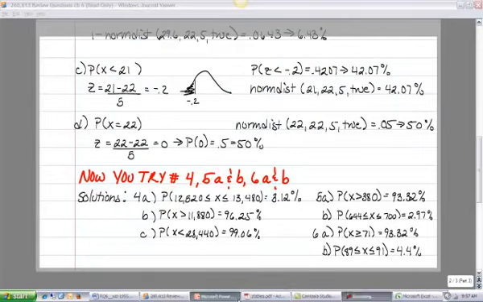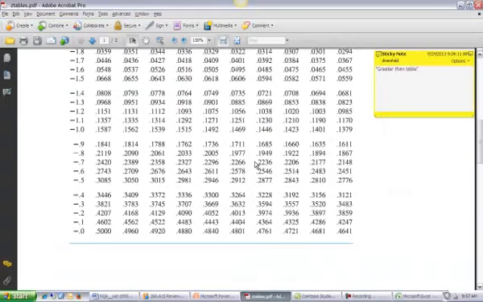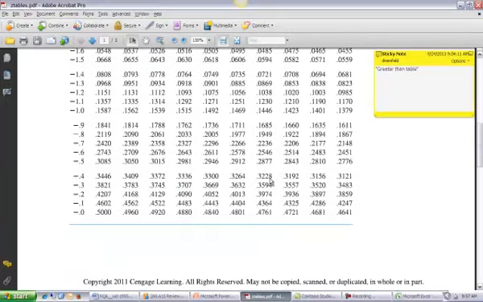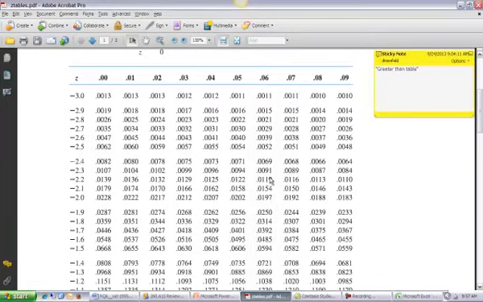Let's bring that up, sorry. So I just go to the table where I can find 0.05. It's roughly 1.645, somewhere between 1.64, which is 5.05%, and 1.65, which is 4.95%.